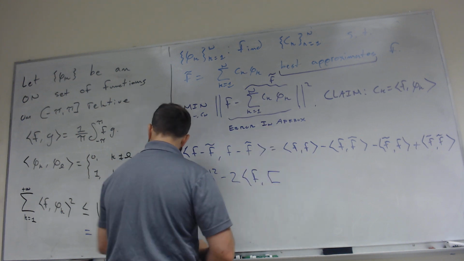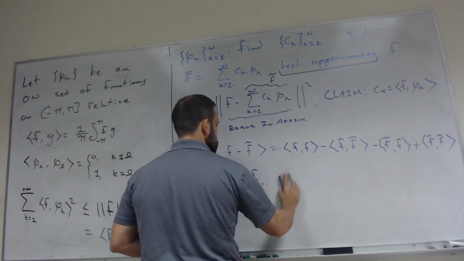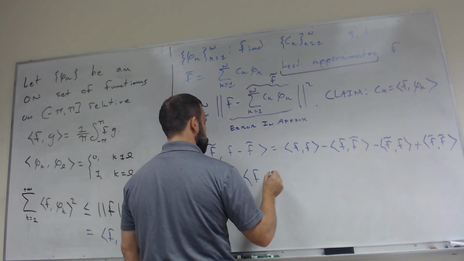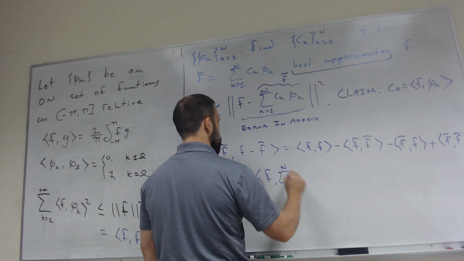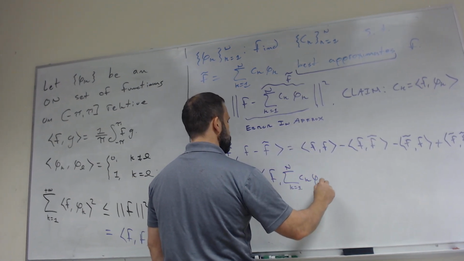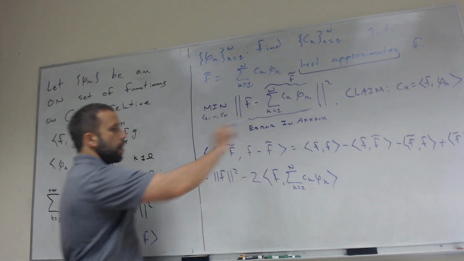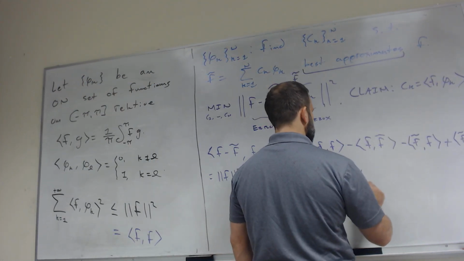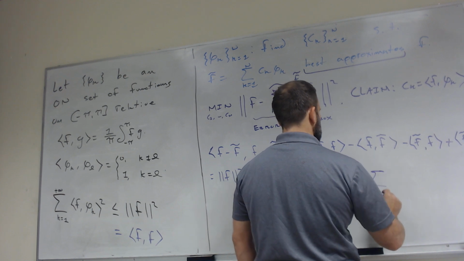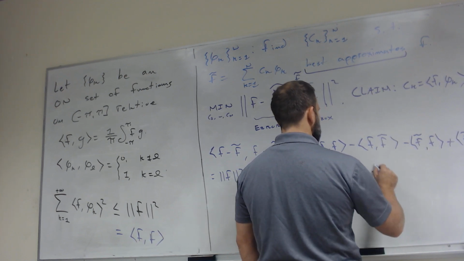So this is minus 2 times the inner product of f, and I'm going to write out what f tilde is. This is going to be equal to the sum k equals 1 to n of ck phi k. Okay, and for this last part, it's going to be the inner product of f tilde with itself. And this will make sense in just a moment.